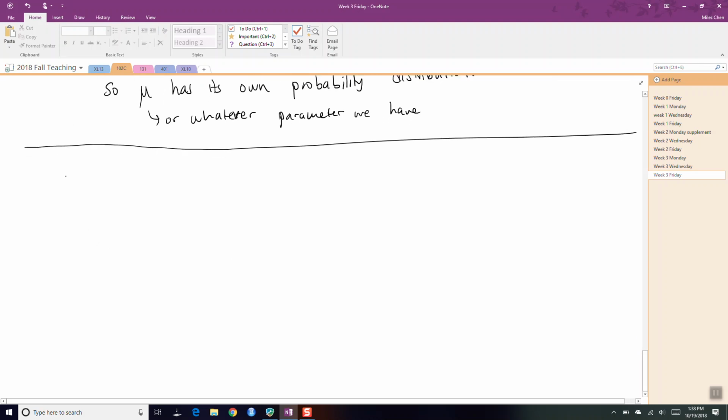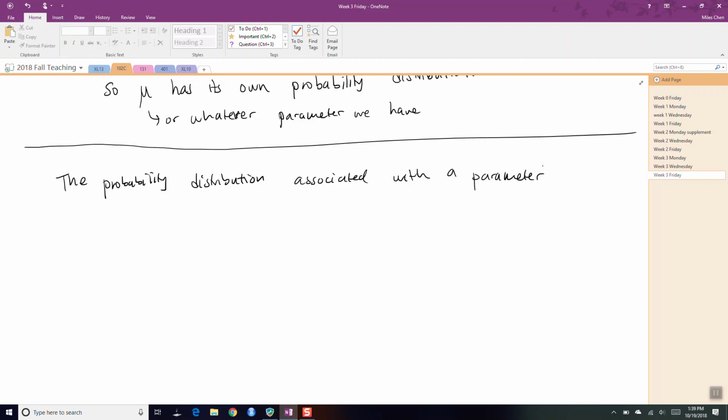So again, parameters are properties of the population, but now we're saying that the parameter itself is a random variable.